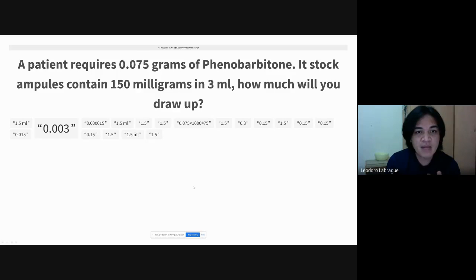Now they have the same metrics. You can divide the two. 75 divided by 150 multiplied by 3 will give you an answer of 1.5 ml. So the correct answer is 1.5 ml. Again, let us see the next questions. Thank you, Sulaiman.